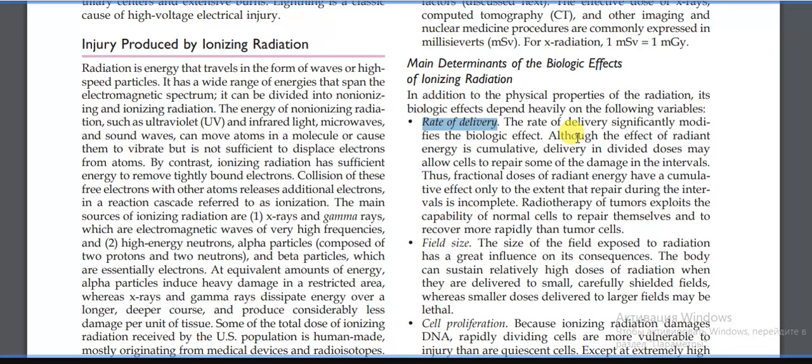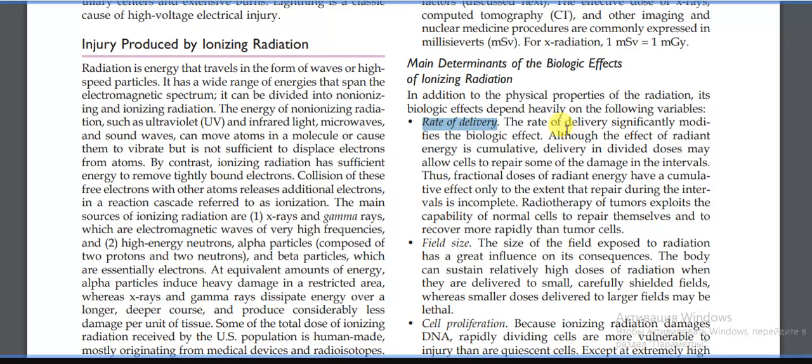And it depresses the capability of tumor cells to repair themselves. But in normal cells, when we do radiotherapy, we care about the normal tissue which is present around, and we count the level of injury which is collected by normal cells.